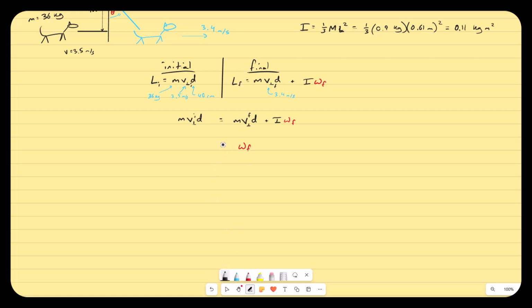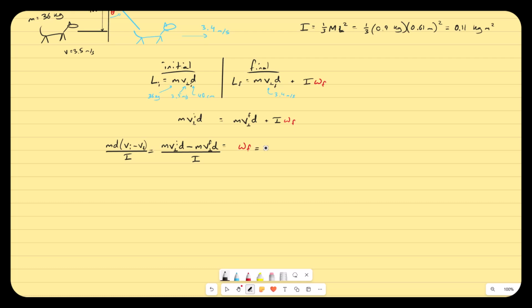Omega final equals m v perpendicular initial d minus m v perpendicular final d, all divided by I. Or if you like, m d times v initial minus v final, both of those being perpendicular, all over I.